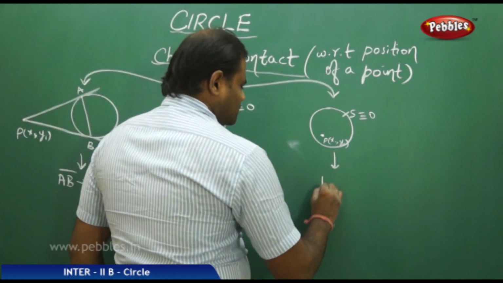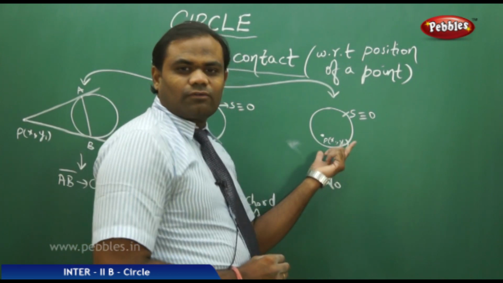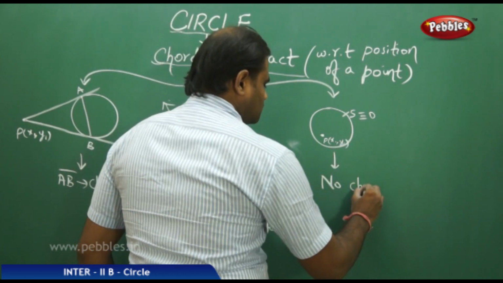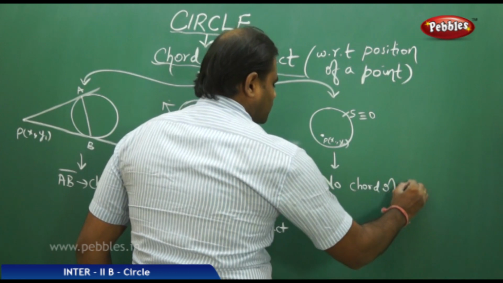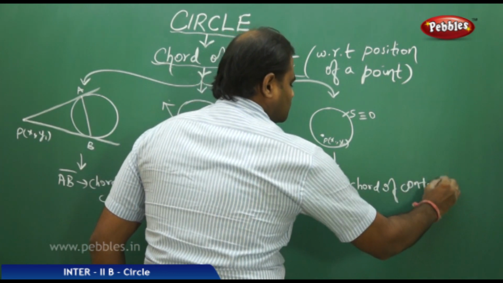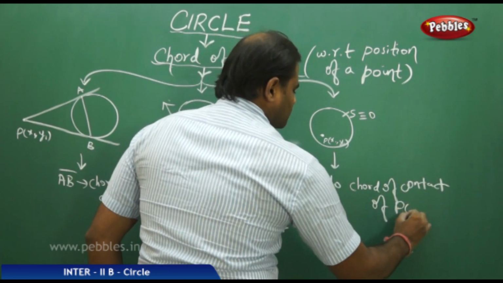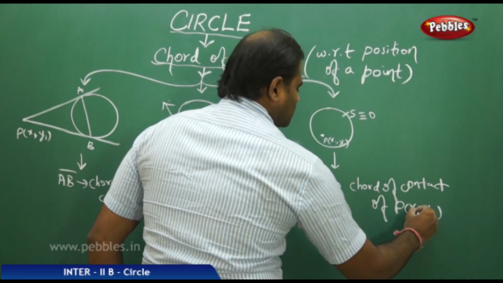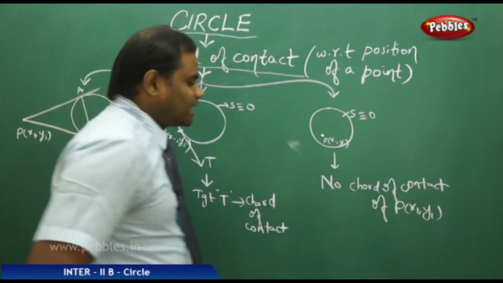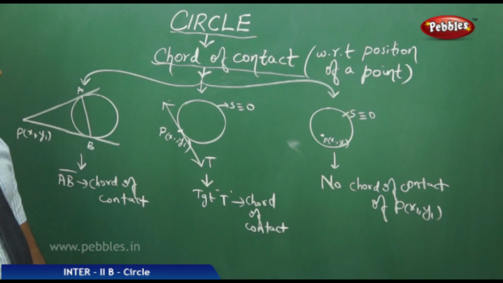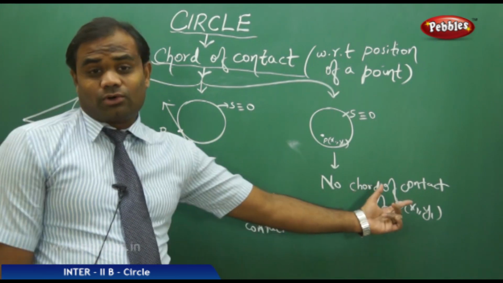Now for this, there is no chord of contact through P(x1, y1), because P(x1, y1) lies inside the circle. Therefore, we get three cases: if P lies inside the circle, there is no chord of contact.